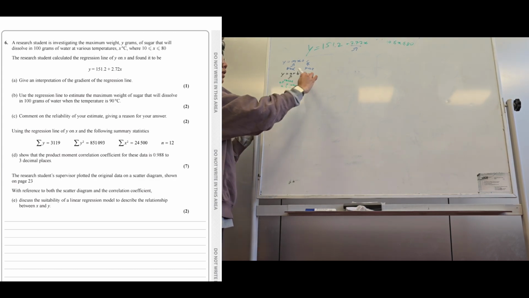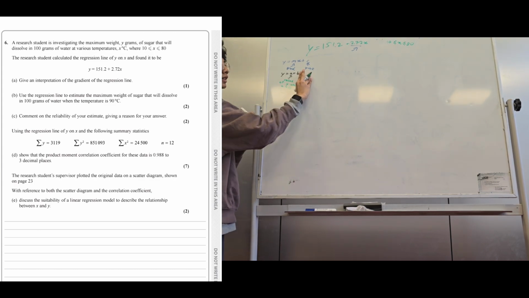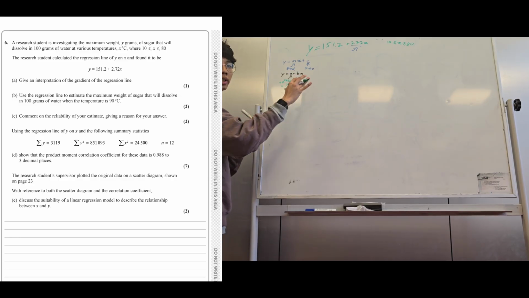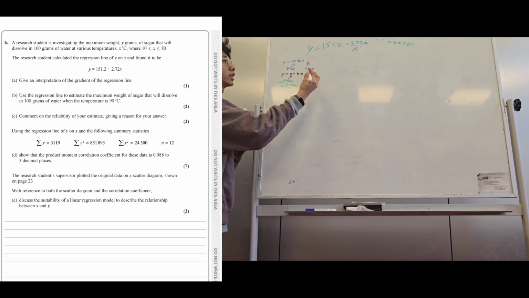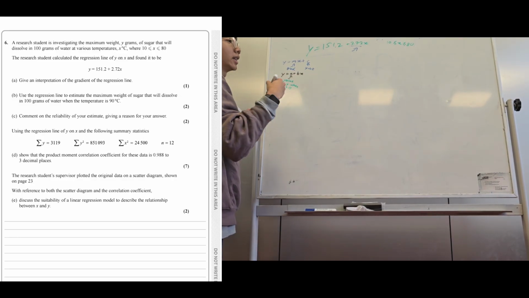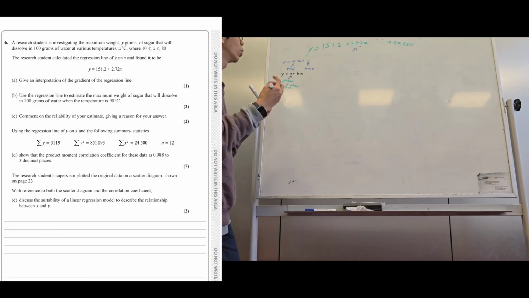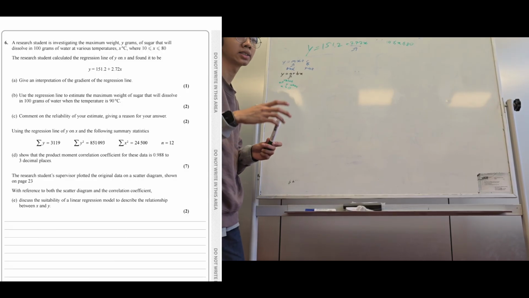If you plug x equals 0 in here, then this disappears and it just becomes y equals a. That is the definition of a y-intercept. It is the intercept of the y-axis, because the y-axis is at x equals 0.